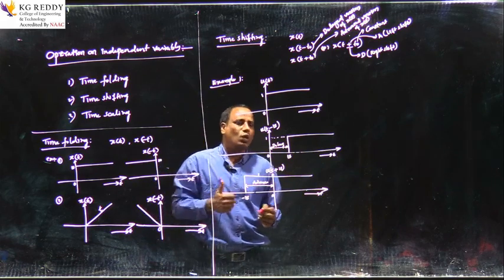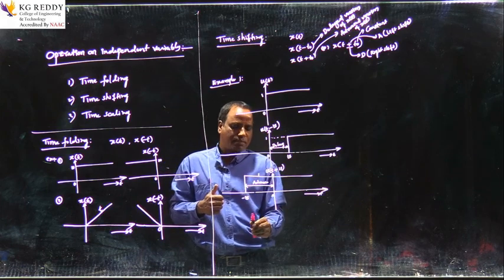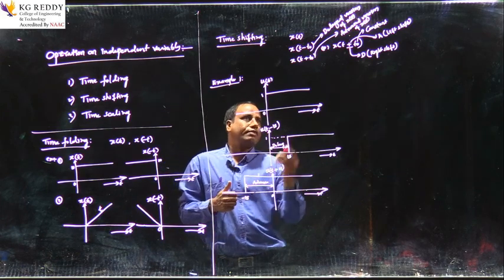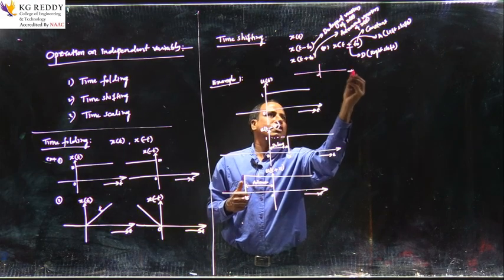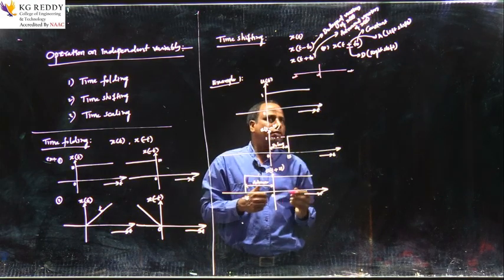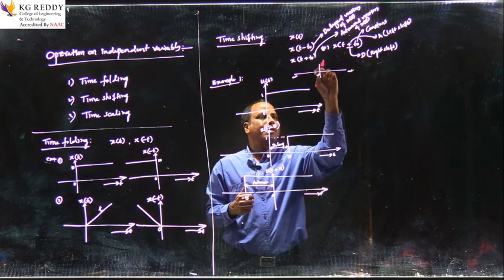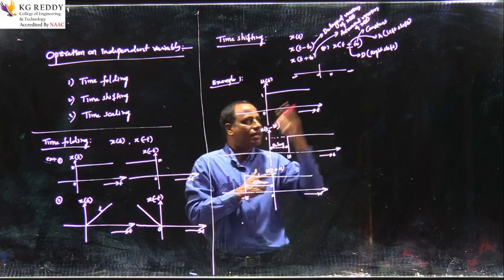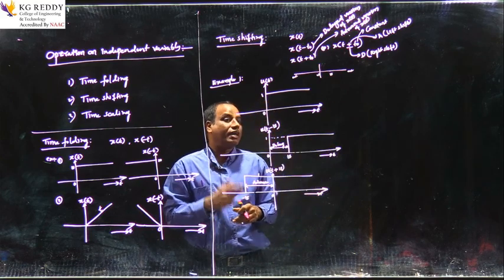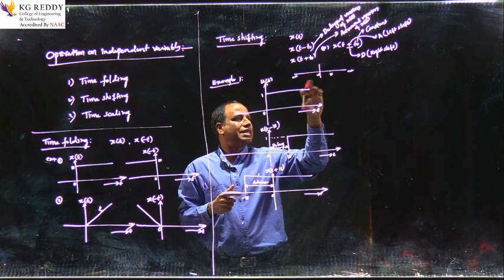If you look at the time axis, from minus infinity to plus infinity, instead of things happening at the origin, if they are happening at 15, it means the things are being delayed by 15 seconds. That's the reason when I say delayed, it means delayed by 15 seconds.